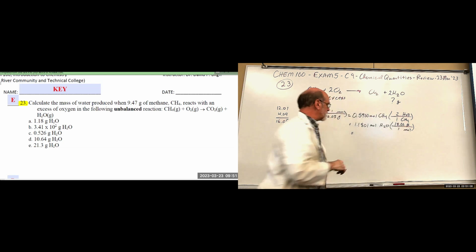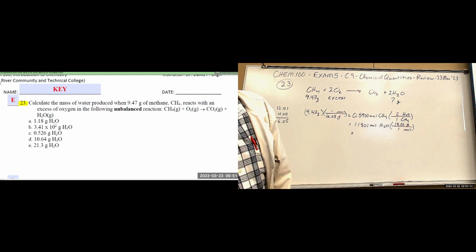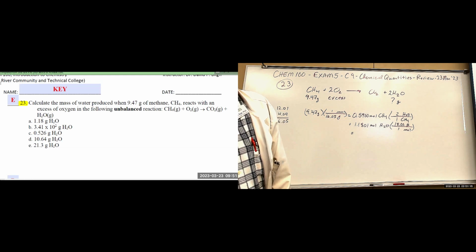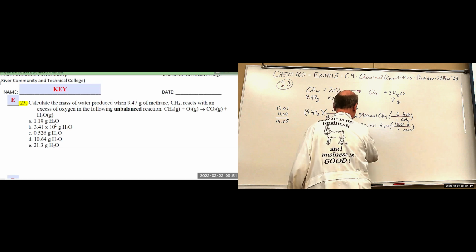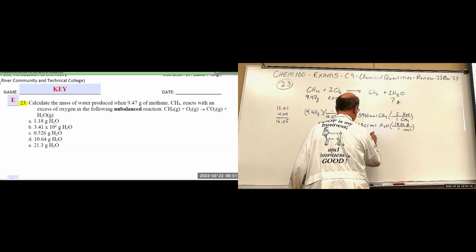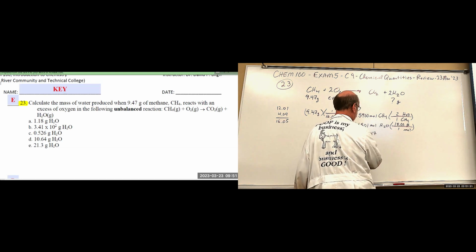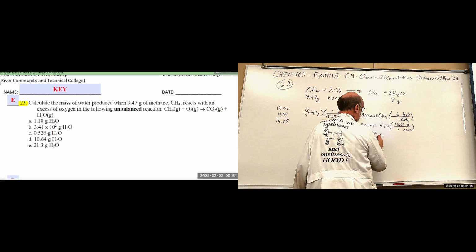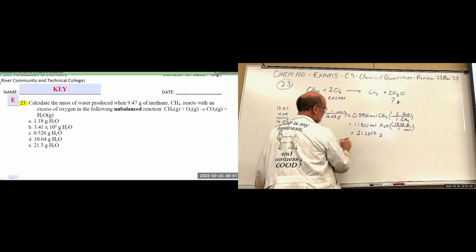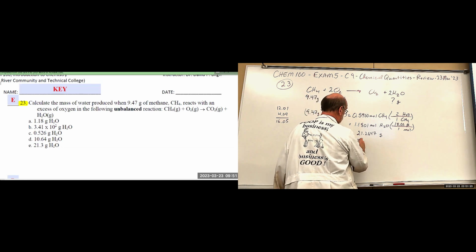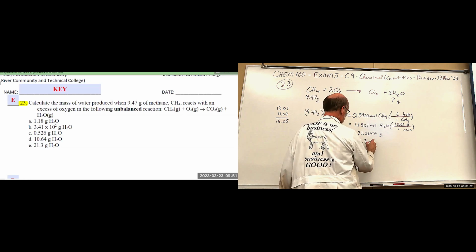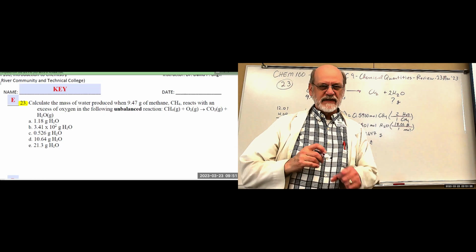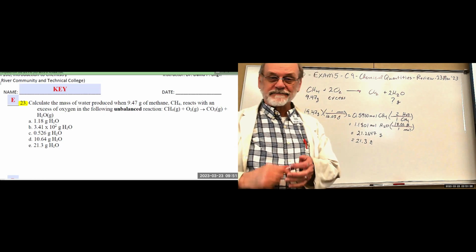Okay, so 18.02 times that value is 21.2647 grams. Let's see, we're working with 3 significant figures. So it'll be 21.3 grams. That's why the answer is E.